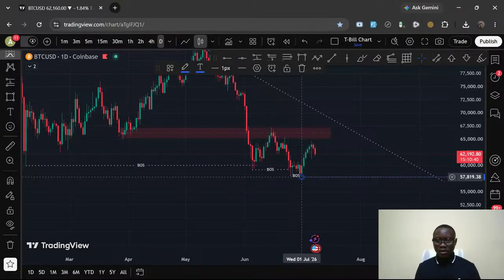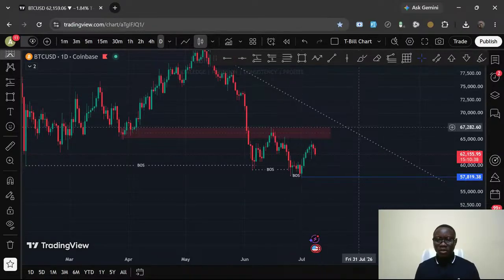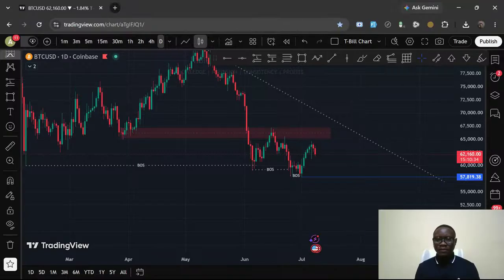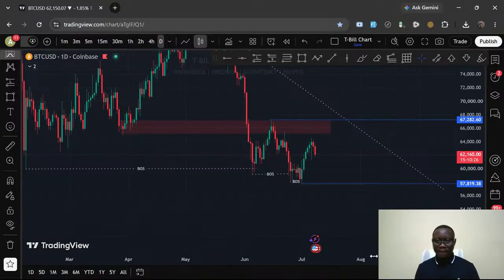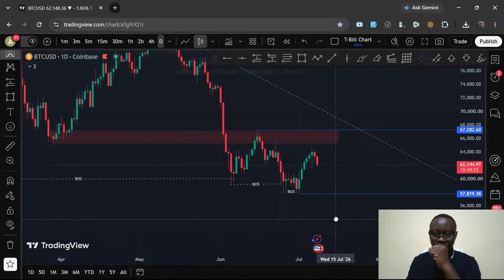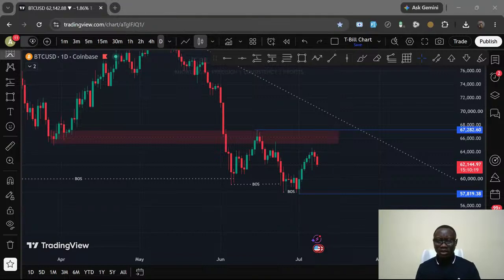Okay, so we have this sell side liquidity, and we have this buy side liquidity as well. Now what do we do? The market is bearish, obviously.